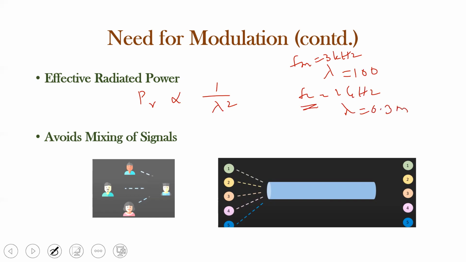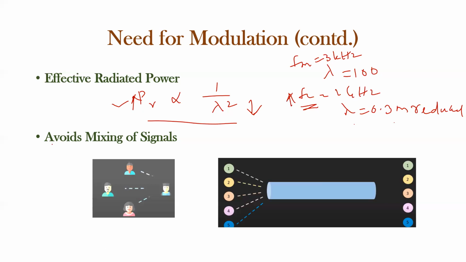So as the frequency increases, lambda is getting reduced. When lambda gets reduced, according to this relation, we can say that the effective radiated power becomes more. So this power is increased. So modulation is going to increase the effective radiated power.